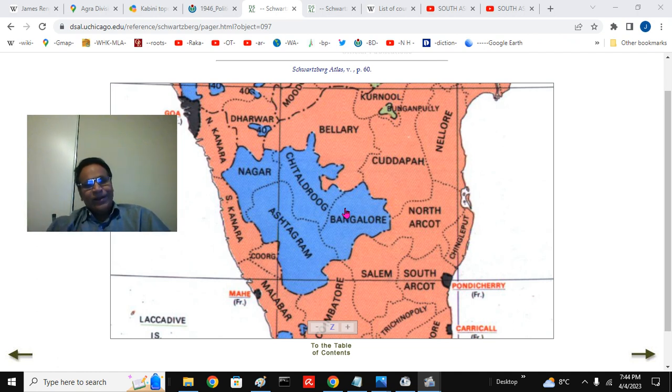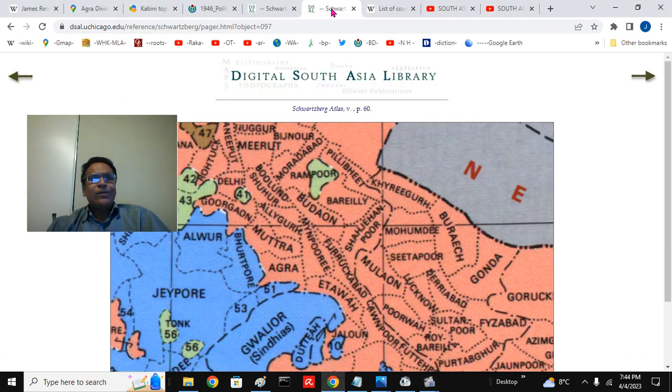There are more than 12 districts now: Bangalore and Kolar and Chitradurga and Tumkur. Nagar is Shimoga and all those areas. Ashtagram is Chamarajanagar and Mysore and the Hassan district and Kadur, that is Chikmagalur. And the princely state of Oudh. So it's very easy to remember.